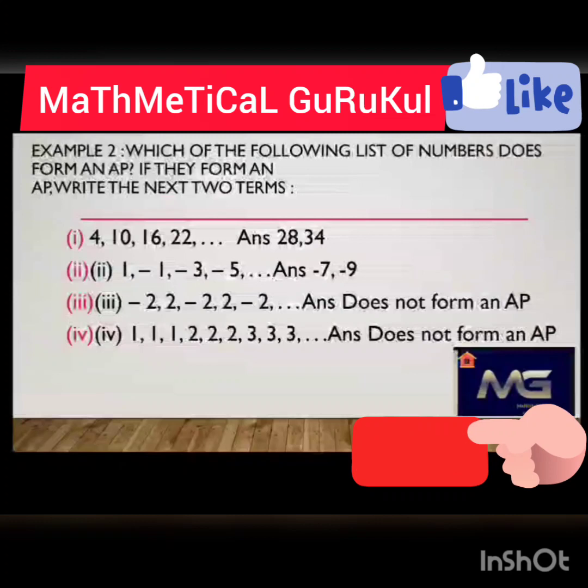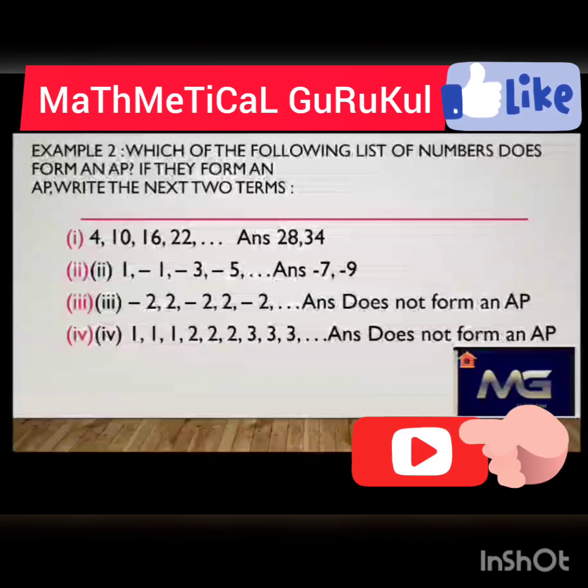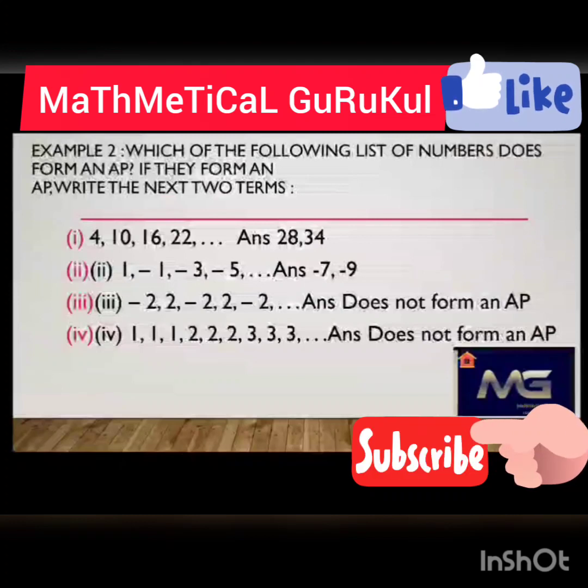Now what about list 2: 1, minus 1, minus 3, minus 5. Firstly a1, a2, a3 and a4. What is a1? 1. What is a2? Minus 1. What is a3? Minus 3. What is a4? Minus 5.